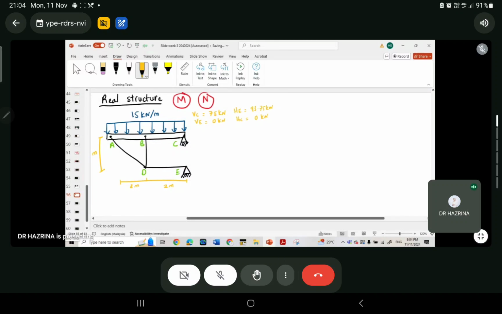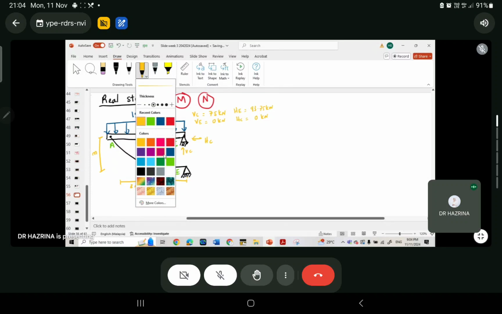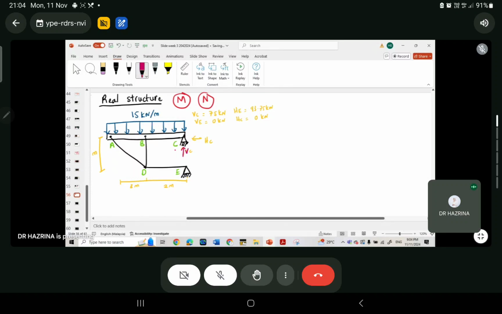Okay, so we want to calculate the summation of moment at C. Here we know that at C we have VC and then we have HC. I will change the color to not make it confusing. So here we have VC and here HC.